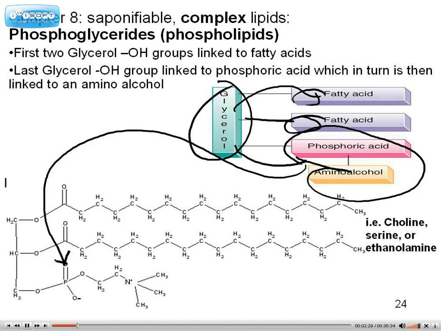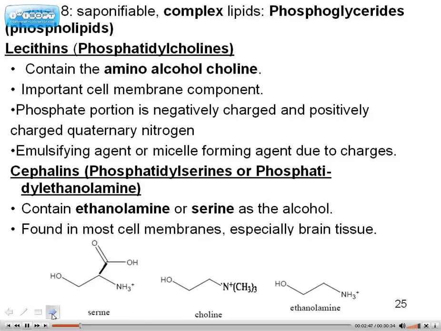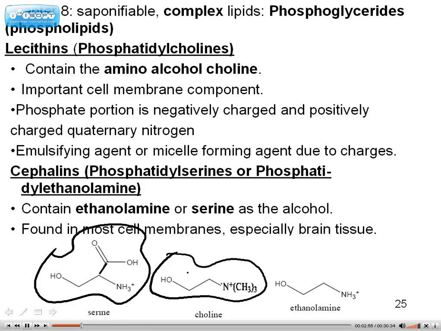We have a phosphate group, PO4, that's connected, and then we have one of 3 types of molecules. We can either have a choline attached, a serine attached, or an ethanolamine. These are the 3 types of molecules that could be attached, and it dictates what type of phosphoglyceride we're dealing with.